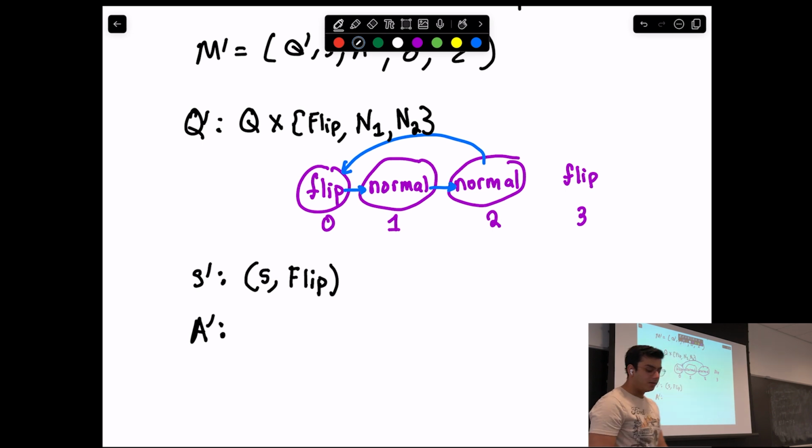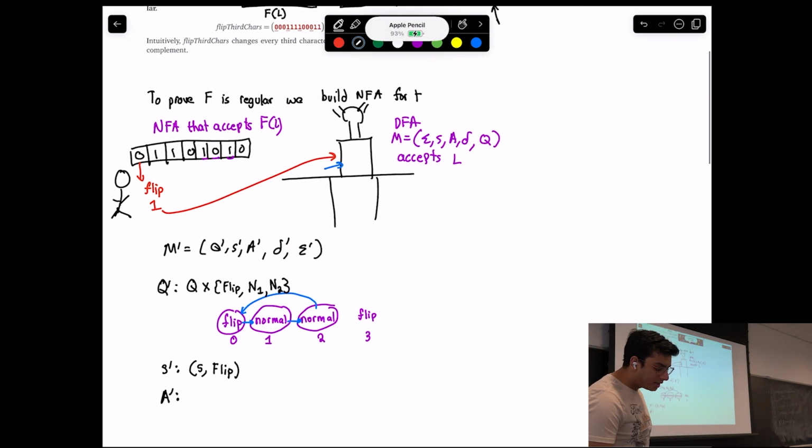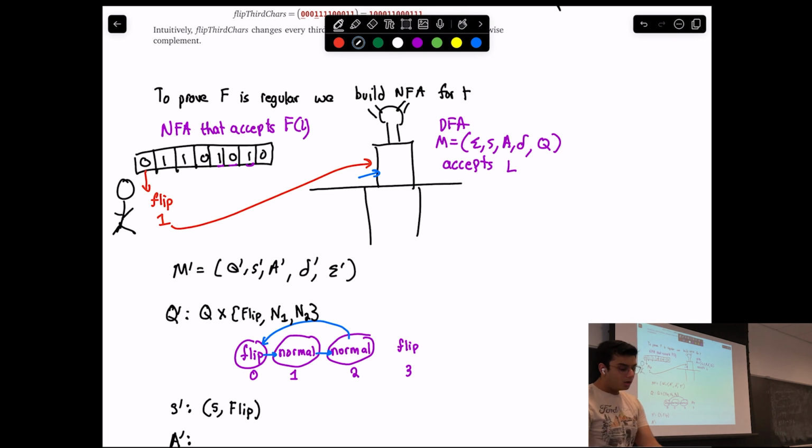Now the accepting state, or the set of accepting states. So I just said that I'm not guaranteed that all of the strings that I get in input are going to be a multiple of length 3. What if the input string that I get is of length 2? If I get a string of length 2, the only thing that I flip is the first bit, and then I have the second bit, and I just pass that in, and if the DFA accepts that string, well then, I'm in the language.